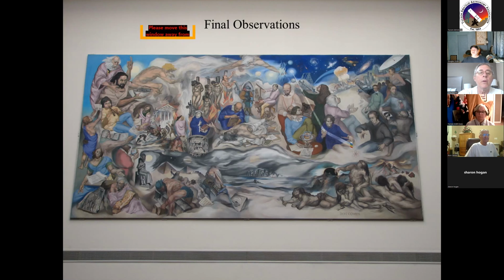I just would hate to see this thing disappear because I don't know of any other paintings or works of art, if you like, that are astronomy themed in this way. You've got all the important characters.